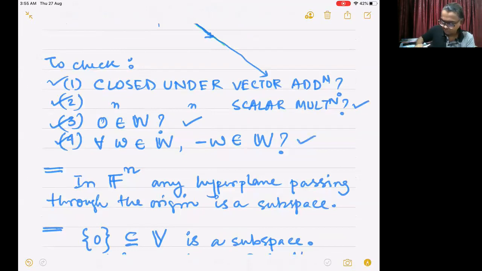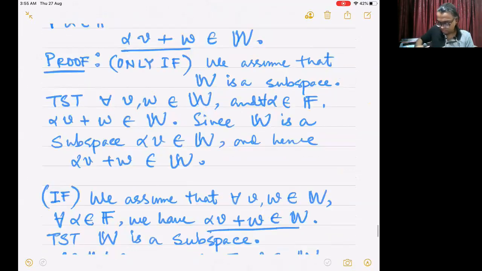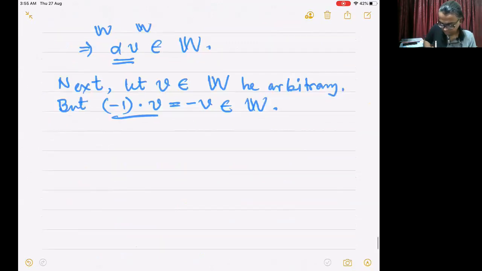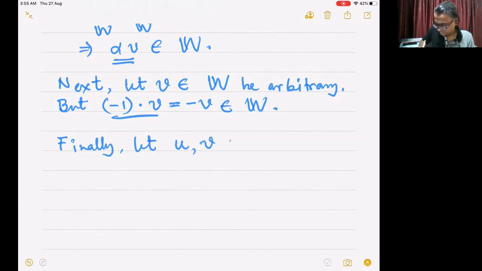And then finally, on to the closed under vector addition property. Let U, V in W be arbitrary.